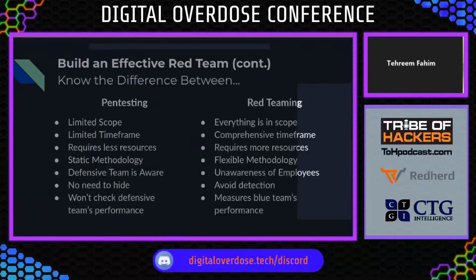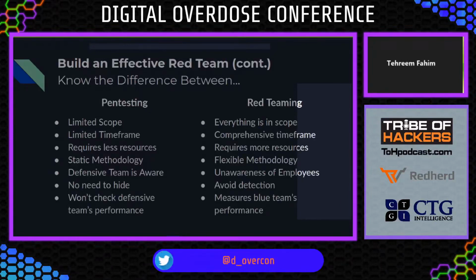Now, let's see the difference between red teaming and pen testing. In pen testing, we have limited scope, that is, the scope is just comprised of the system or application, while in red teaming everything is in scope: people, technology, and environment.